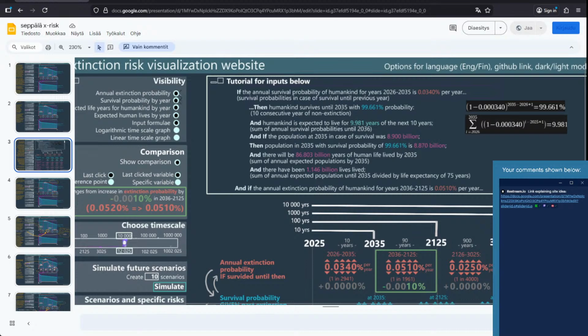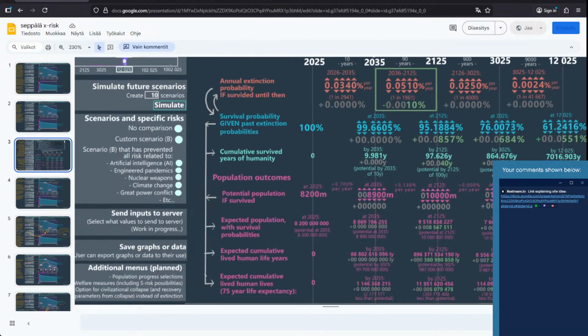It's the population in case of survival multiplied by survival probability. So that would be the expected population.